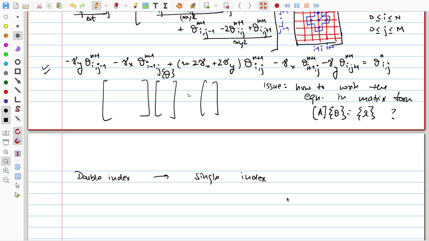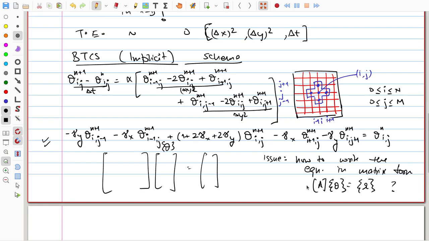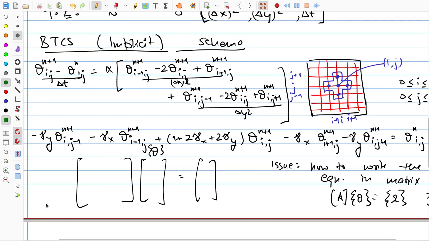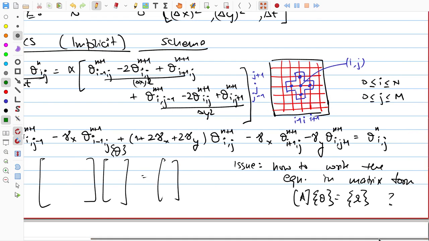So what I can do is start counting from the left and then go to the right and then start moving up. So if you look at this figure, I start with the bottom left point and I call this index number 1 for a single index.